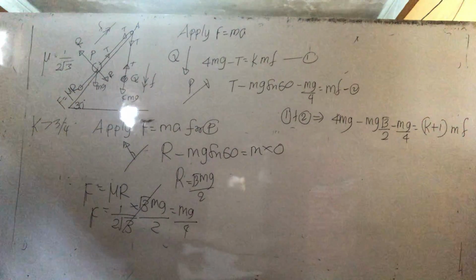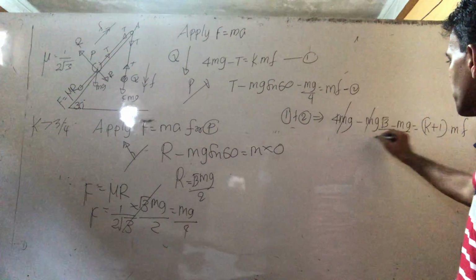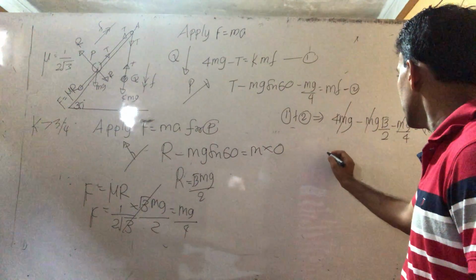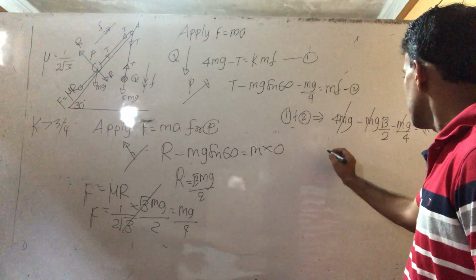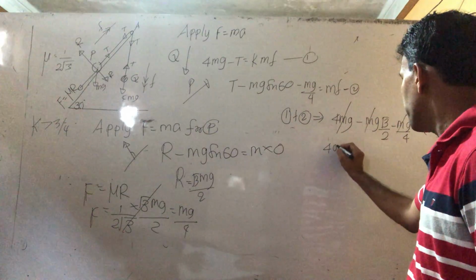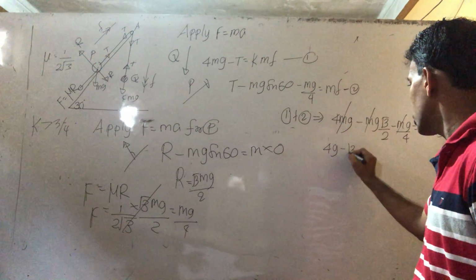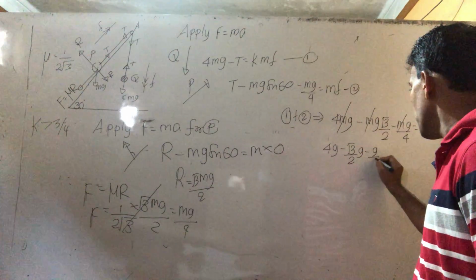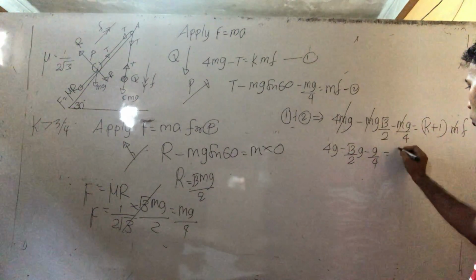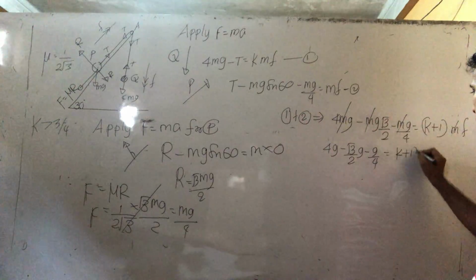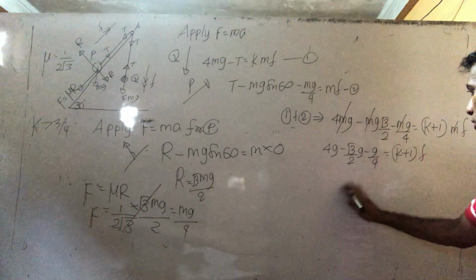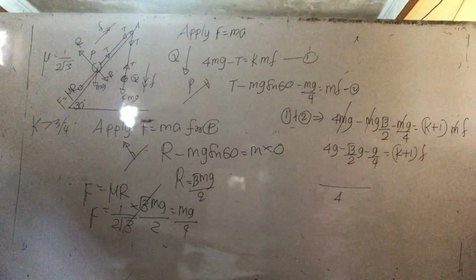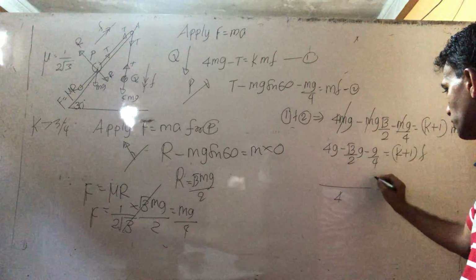Now simply we can cancel this m. Therefore, we take 4g minus root 3 by 2 g minus g by 4 equals k plus 1 into f. If I use the LCM idea, 4 is the LCM, then take the g out.